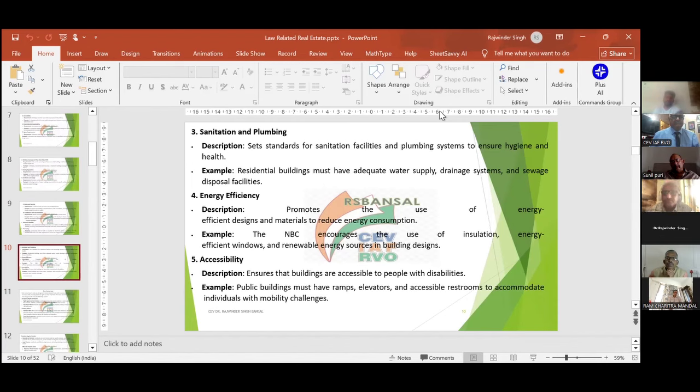For example, residential buildings must have adequate water supply, drainage systems, sewage disposal systems, and nowadays another thing has been added: rainwater harvesting system, which has to be included, especially in the buildings which are of area more than 125 square yards. The provision of rainwater harvesting has to be made in them.